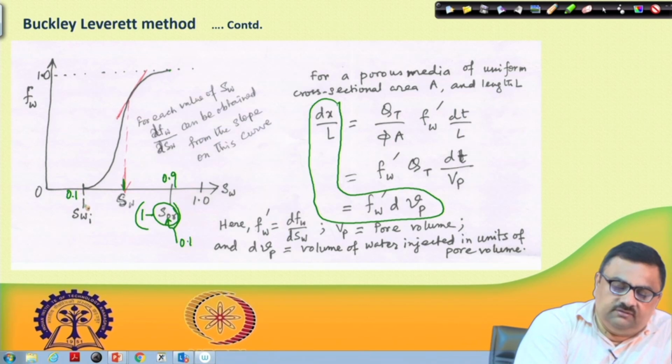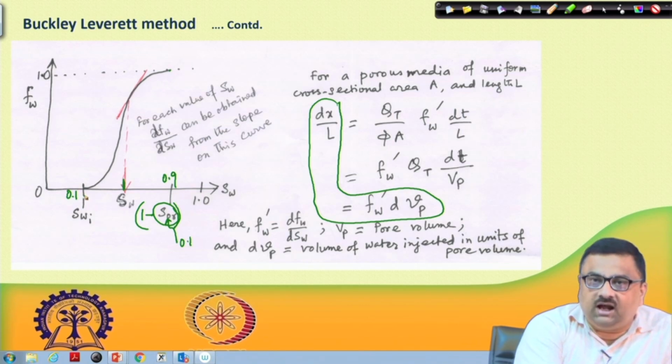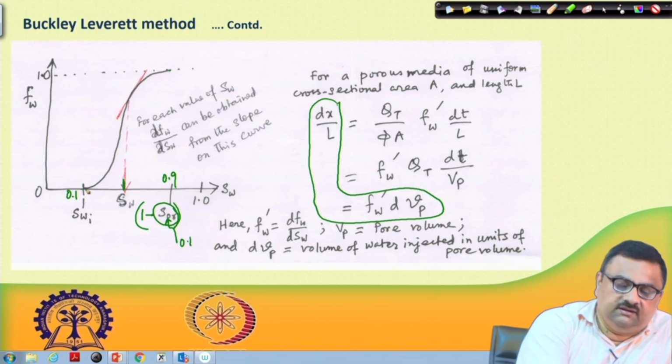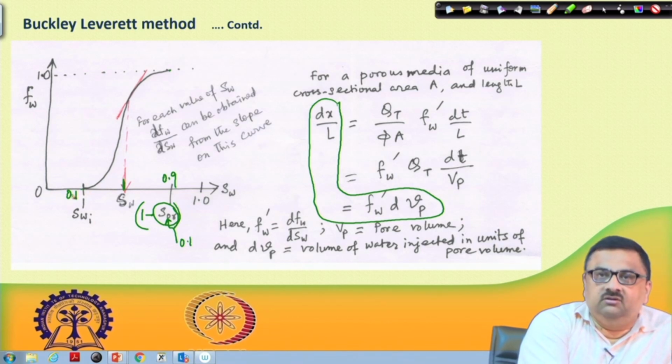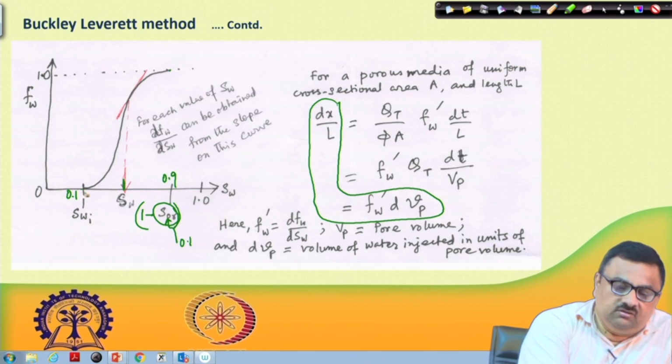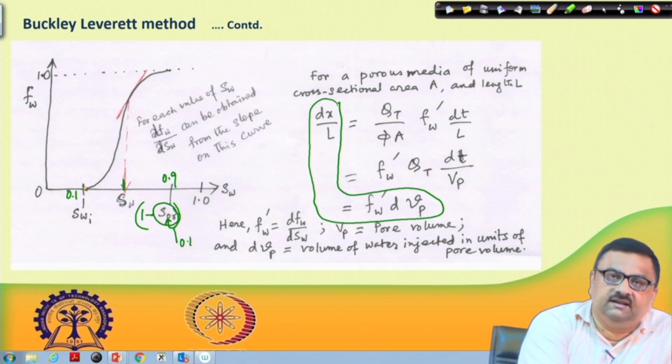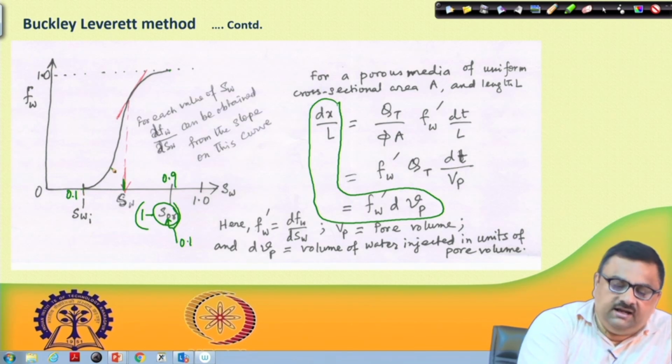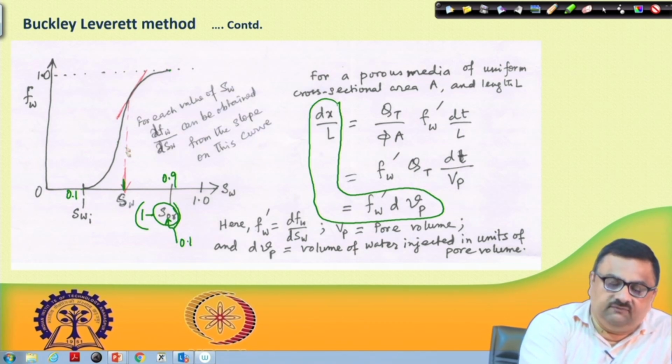Whereas, when the saturation is Swi, then by looking at this curve I can see that the corresponding Fw is 0. So, Fw is 0 means Qw by Qt is 0. That means there is no wetting phase flow. The only phase flowing in this case is the non-wetting phase, and at any point in between you look at, there would be flow of both phases, both wetting and non-wetting phase.